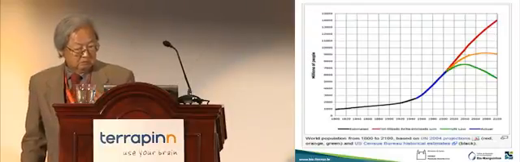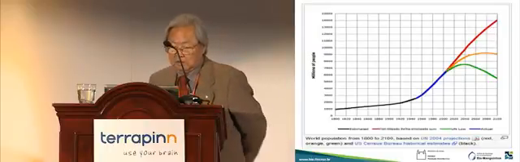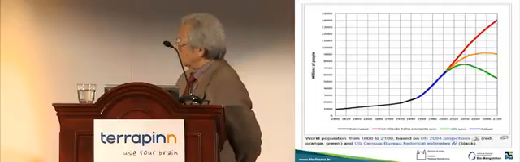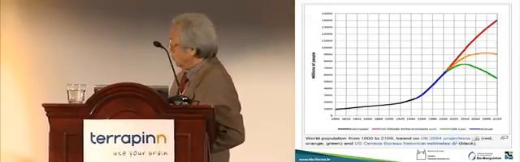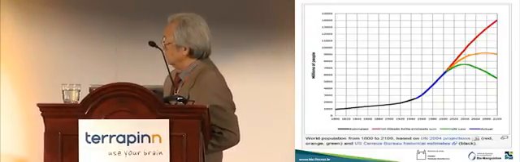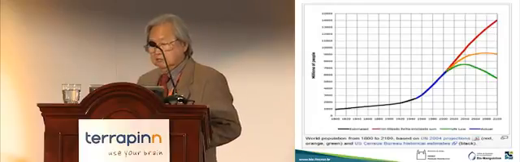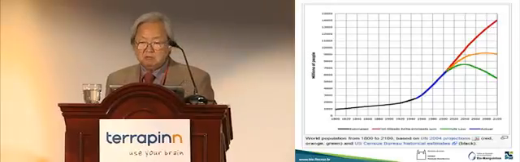This is the information where we can see that today we have almost 7 billion people in the world, but with an optimal increase, we will have by the end of 2200 more than 14 billion people.